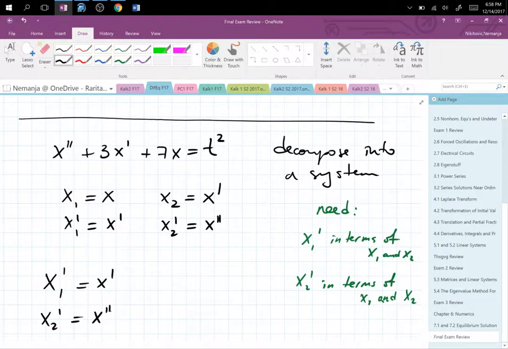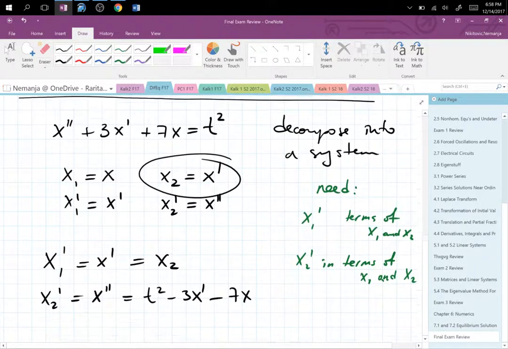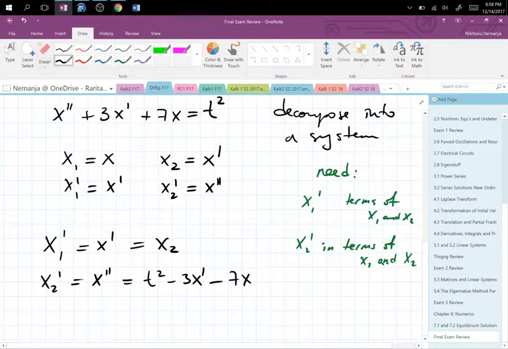So can I turn x prime into x1 or x2? Yes, I can make it x2 because of this equation here. And now can I deal with the x double prime? Sure. X double prime is going to be t squared minus 3x prime minus 7x, because that's the differential equation.